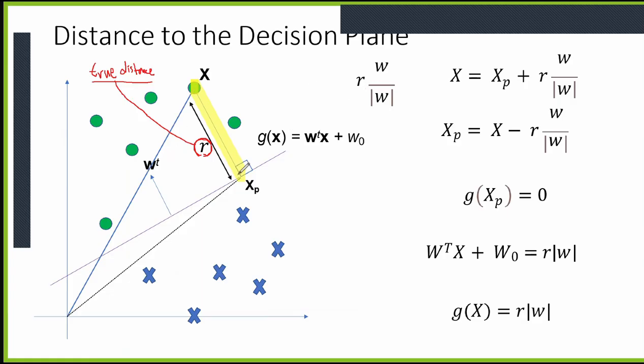So in order to get this displacement vector, we are multiplying r by w, but we are also dividing it by this term, which is not an absolute value, but the norm of w, the L2 norm of w, which is basically the length.